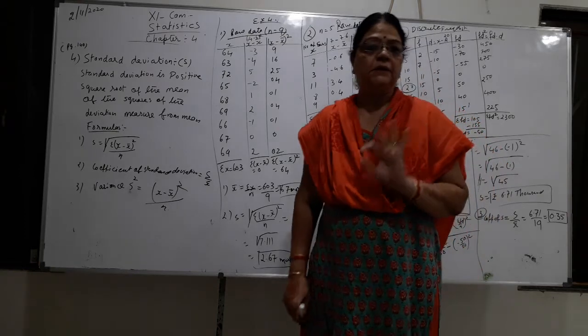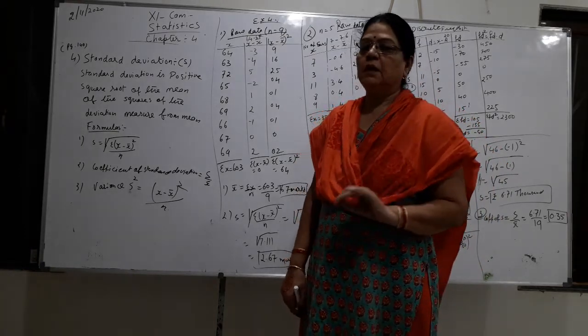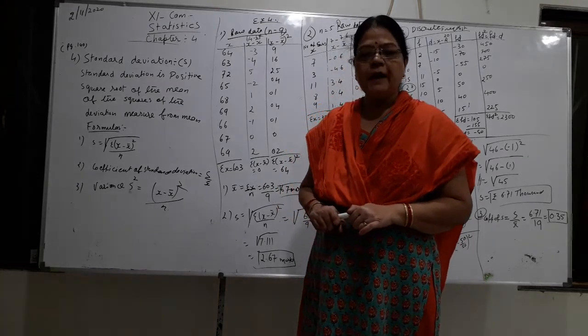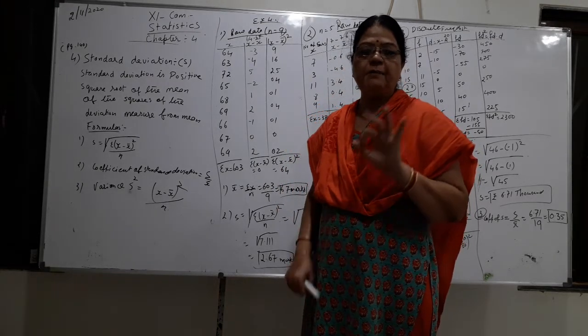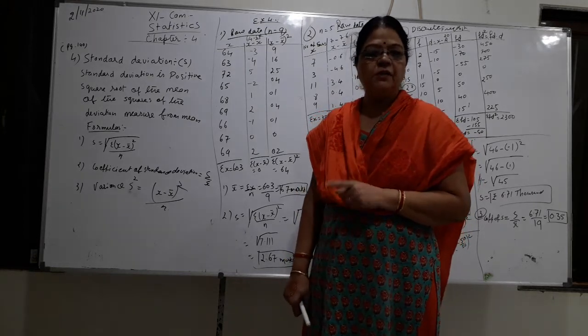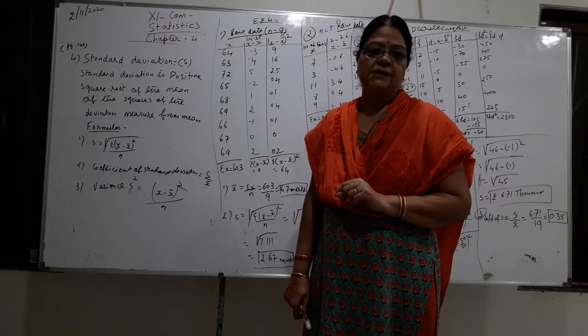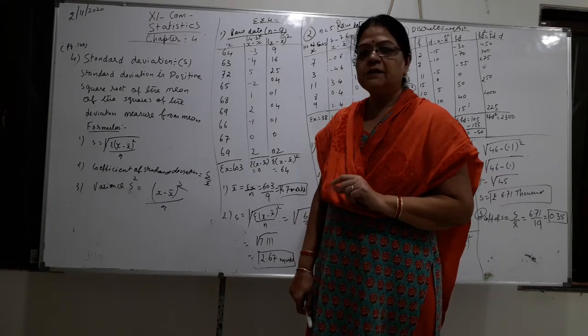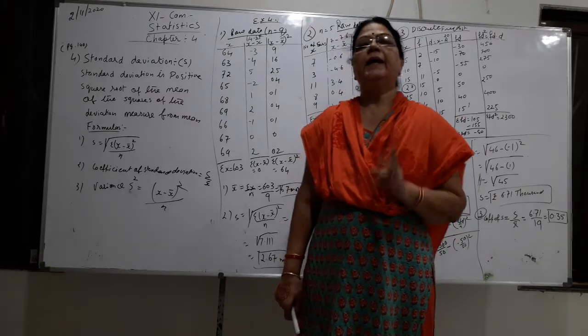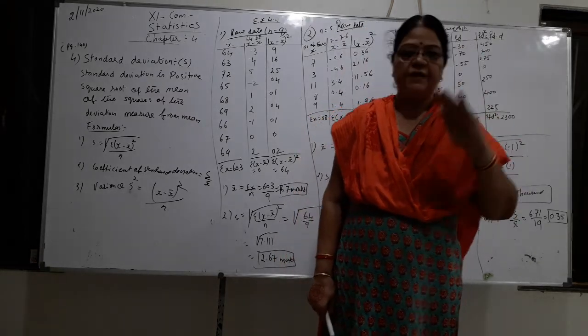The fourth method. We are doing dispersion, measures of dispersion. In that we have seen three methods. First one was range, which is highest minus lowest. Then the next one we had seen, quartile deviation. Quartile deviation was a positional average.